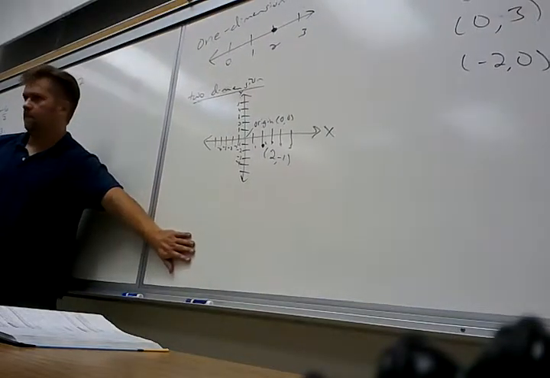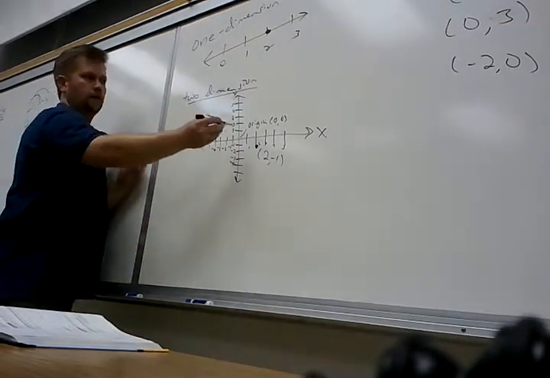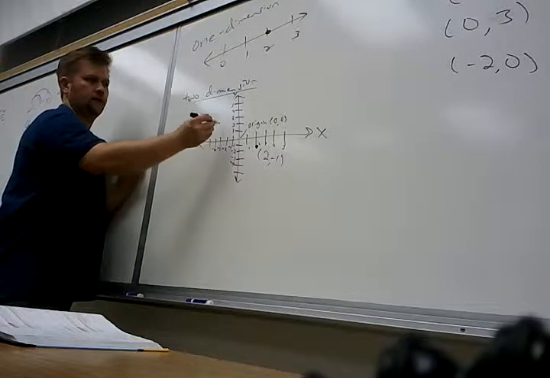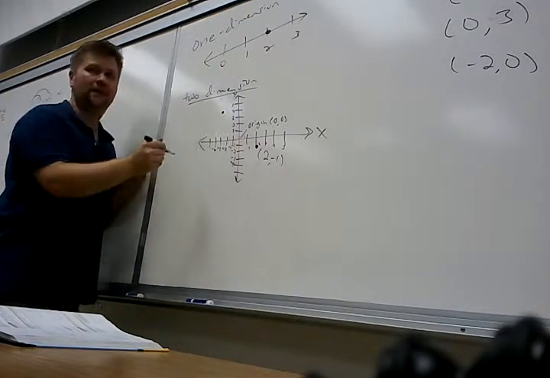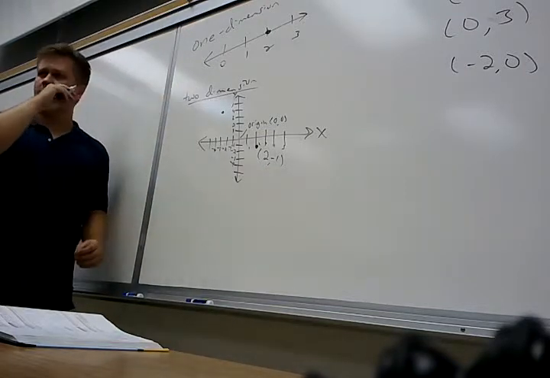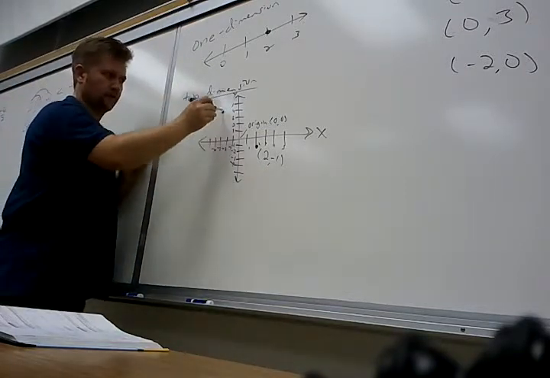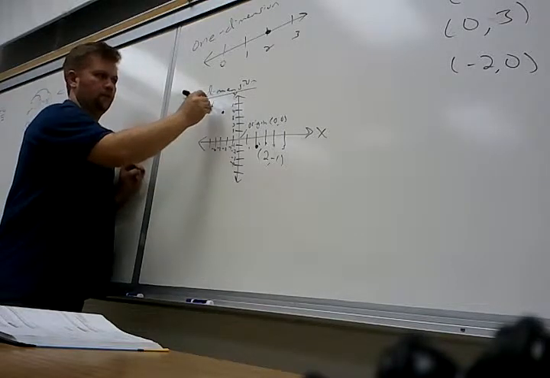So then -3, back 3 on the X, and then positive 4, up 4. Do you see how I don't put a point in the intermediate step? You put a point at the end spot, right? Where's my house? It's not there, it's up there. So that's the point (-3, 4).